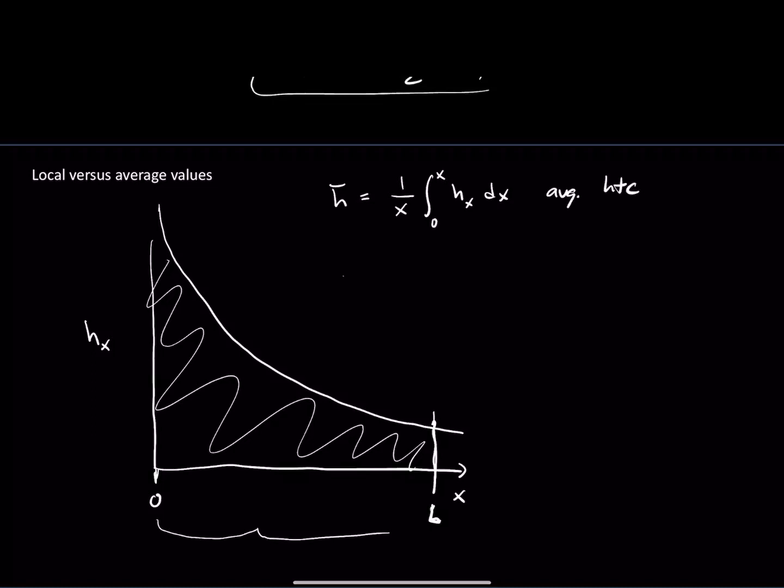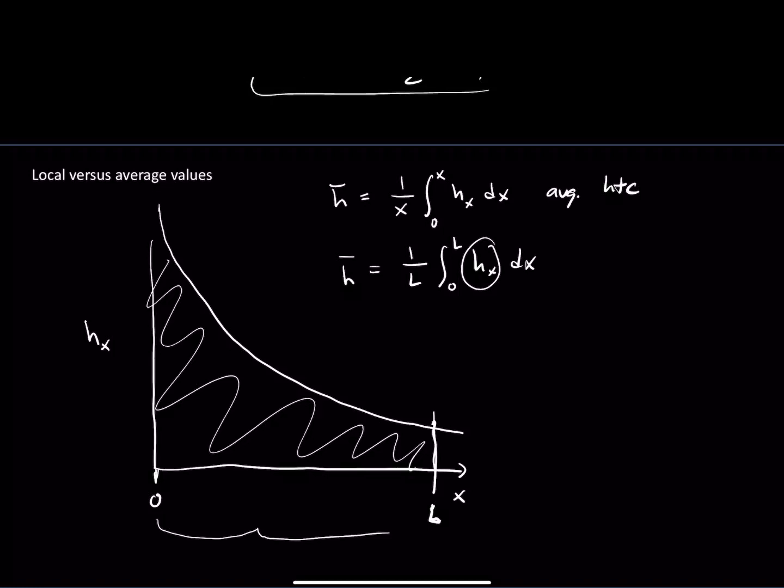In this case, as I've written it, as we apply it, h bar is equal to 1 over L, integral from 0 to L of hx dx, where your model for hx is going to be related to the boundary layer thickness model, or perhaps we're using a correlation for that. So this is the way that we get to this case.